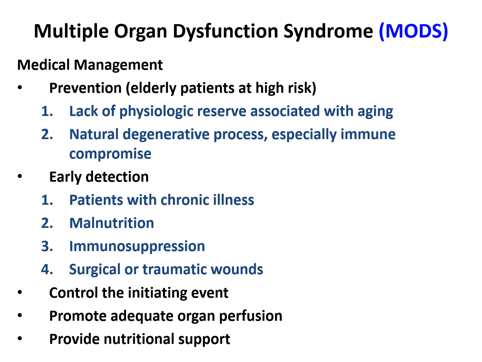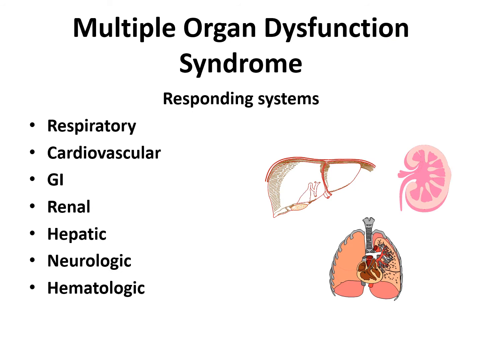So what we want to look at is control the initial event, so whatever is causing the state that may lead to multiple organ dysfunction syndrome. For example, if it's hypovolemic shock, we want to resolve the hypovolemic shock and restore perfusion, promote adequate organ perfusion, as I was saying, and support them nutritionally.